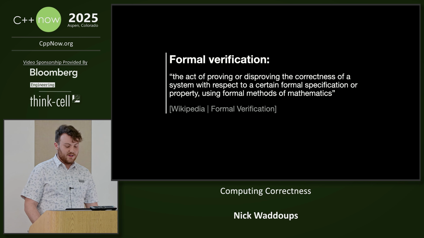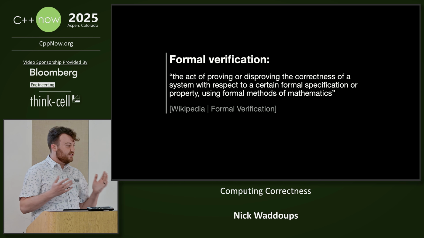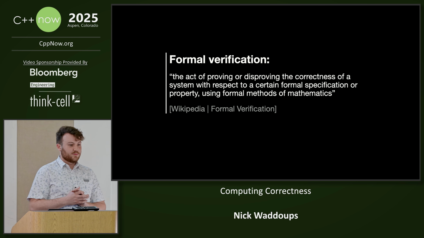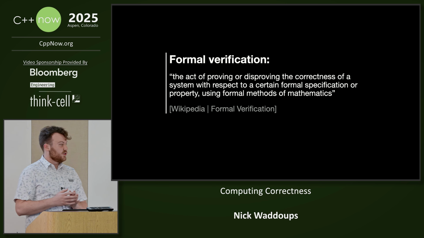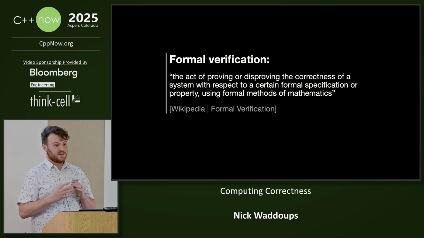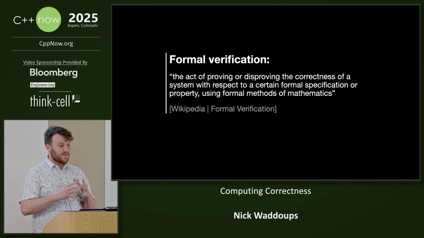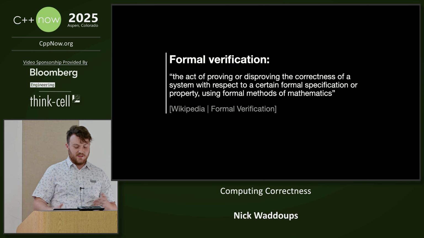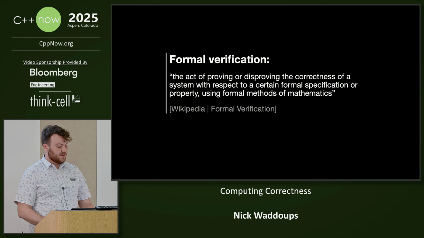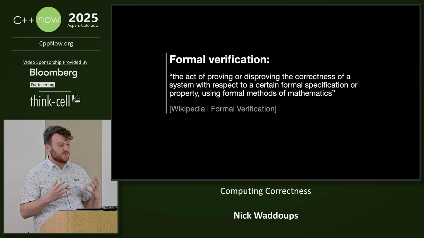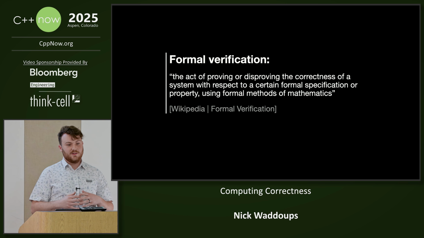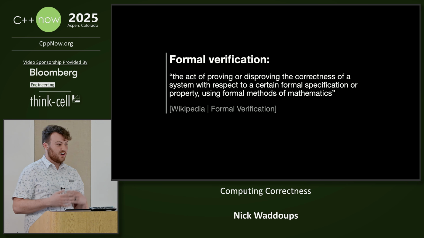So we'll start off with a brief definition. Formal verification is the act of proving or disproving the correctness of a system with respect to a certain formal specification or property, using formal methods of mathematics. Some instances of where this is used, both in industry and in academia, is to verify hardware designs.